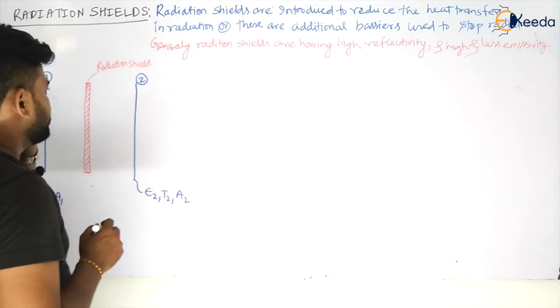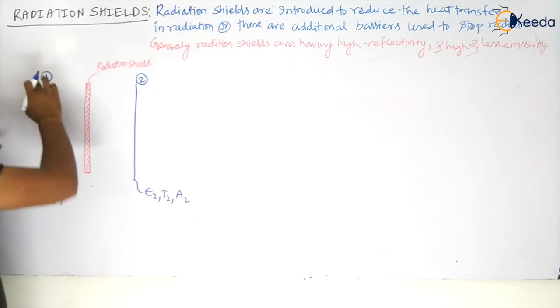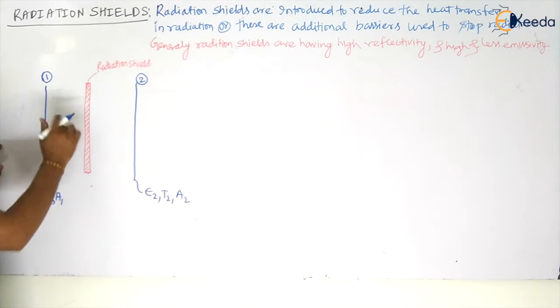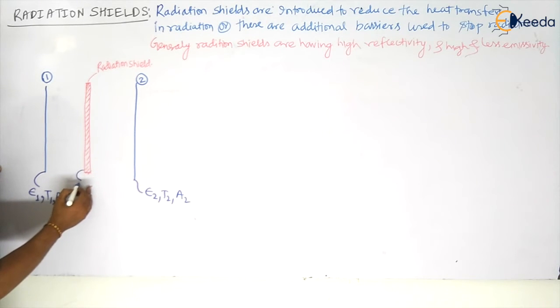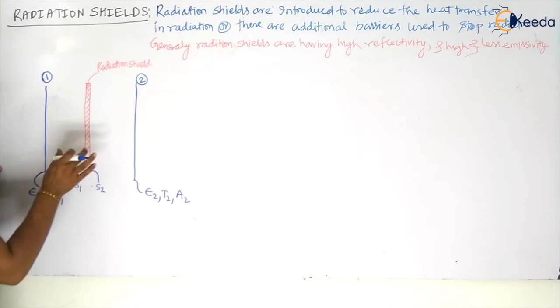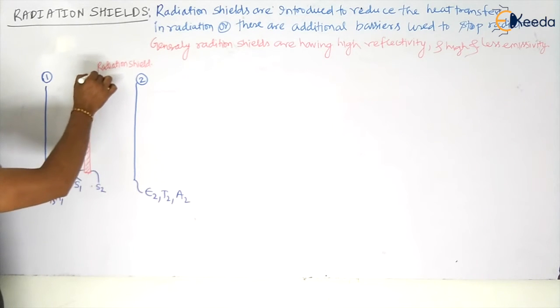So, what will be the heat transfer from this surface to this surface, that is surface 1. This is surface 2. For the radiation shield, I will take it as 3.